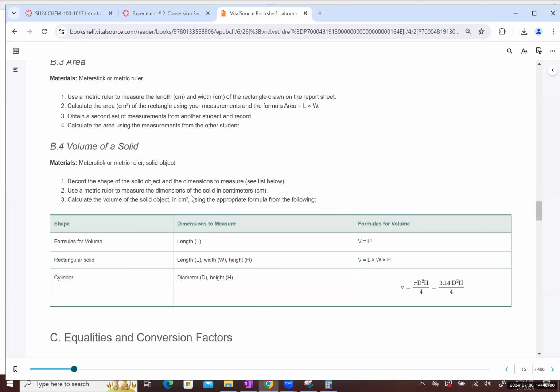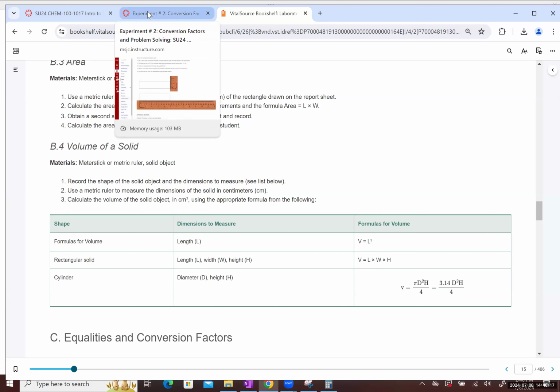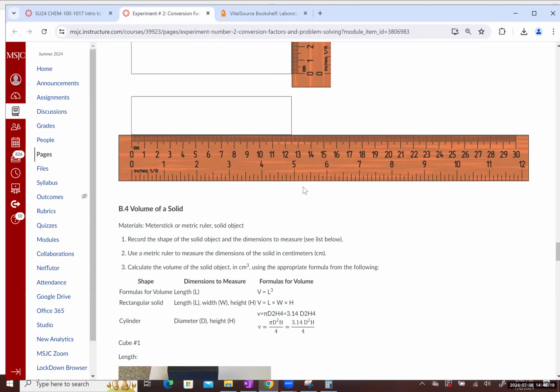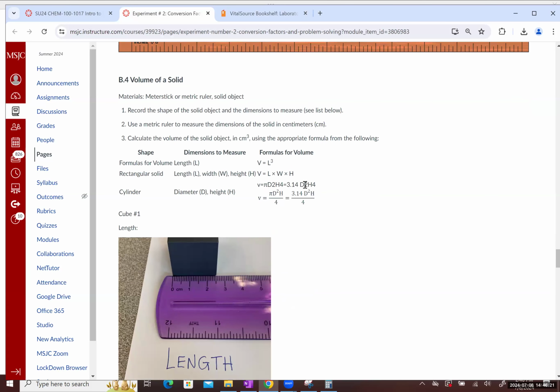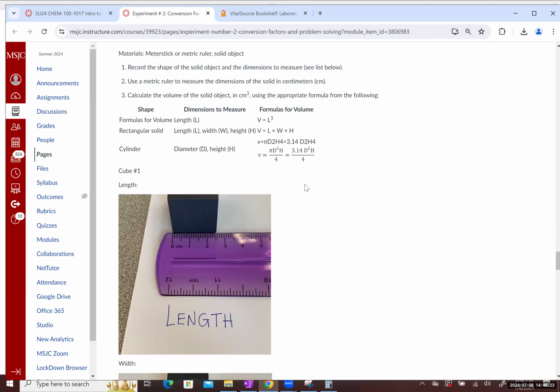So there are a range of different objects you could measure the volume for. We could be dealing with a cube, a rectangular solid, or a cylinder. So let's look at the Canvas page and let's see what solid we're dealing with. Well, in this case, we are dealing with a cube.